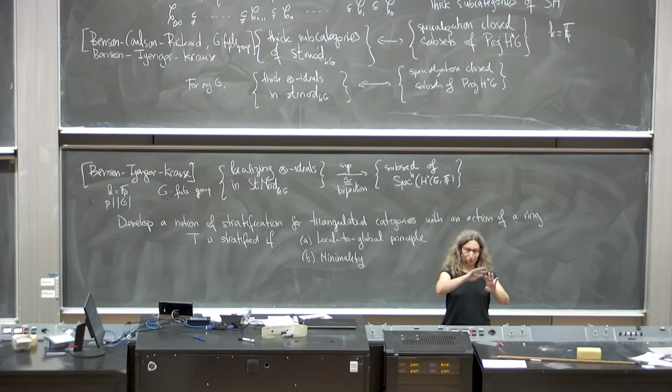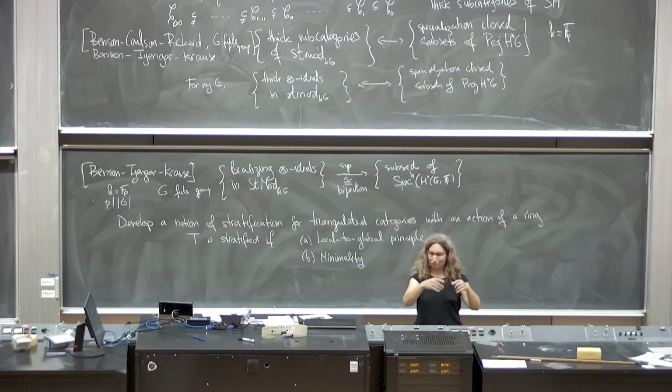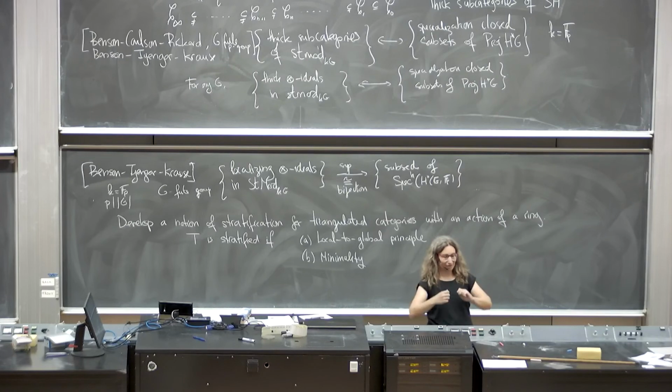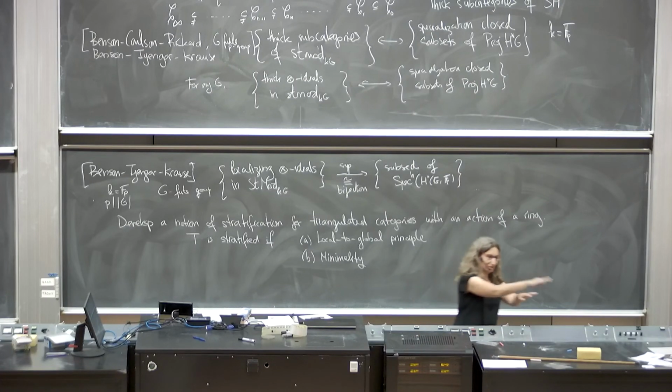Then taking an object, you can tensor with each of these idempotents, and you can isolate the part which is supported at each prime. And the local to global principle is telling you that you can go back, that you can reconstruct your object from this local information at each prime.